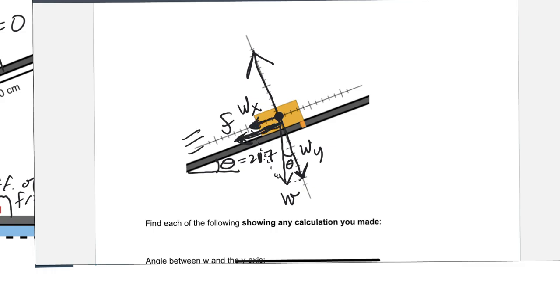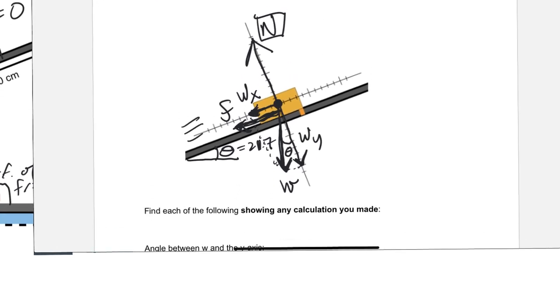This is different than what we did in class because in class we never had two forces on the same side horizontally, but that's the way this works. And I'm sorry, I didn't label the normal force pointing up. So that's all the forces acting on this. So let's continue.